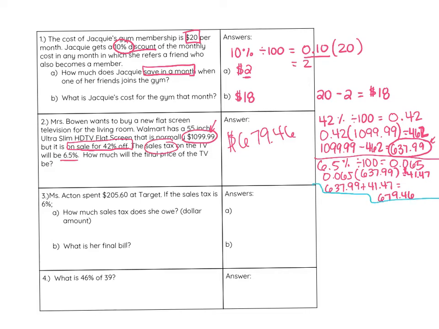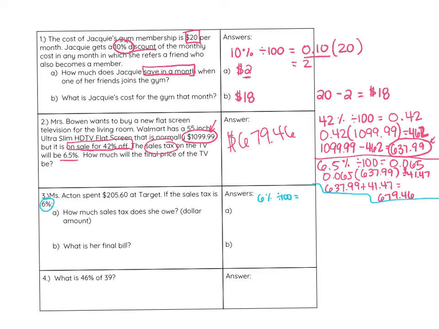And number 3, Mrs. Acton spent $205.60 at Target. If the sales tax is 6%, how much sales tax does she owe? Okay, so similar to number 1A. So we're figuring out 6% as a decimal.